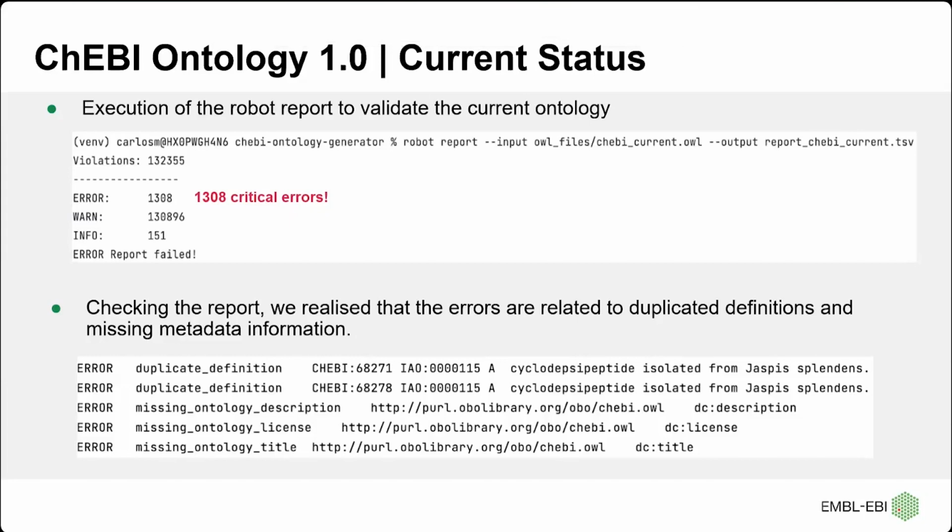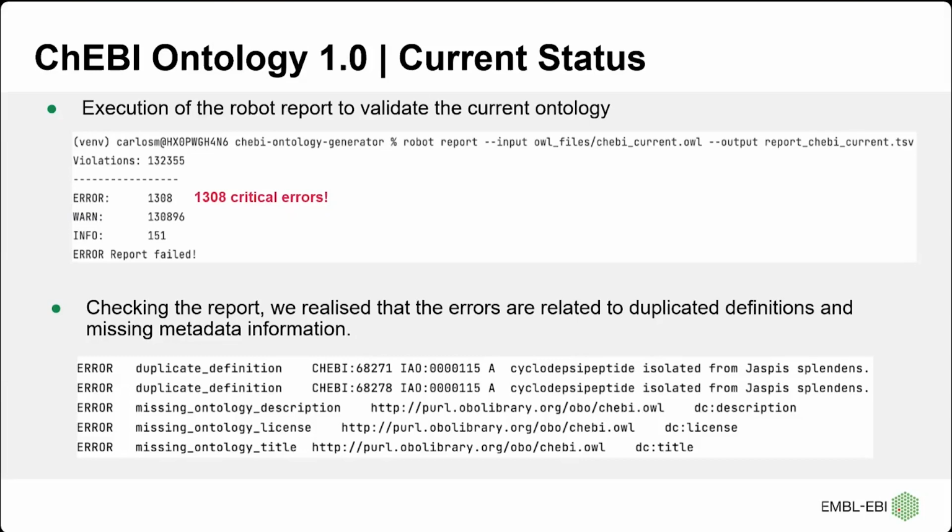In this process, our main goal was to resolve the critical errors. We know that we have, for example, warnings and other kinds of errors like info as well, but for this redevelopment, we decided to focus on the critical errors in the first place.